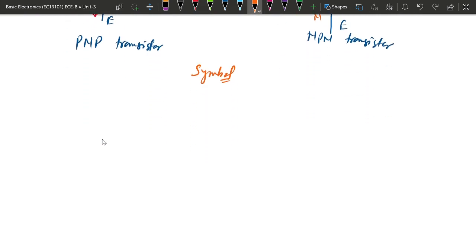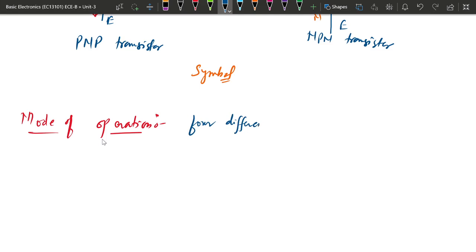Next we will see what are the different modes of operation. Basically these BJTs are operated in 4 different modes. If there are 4 different operating modes in BJTs, we will see one by one.